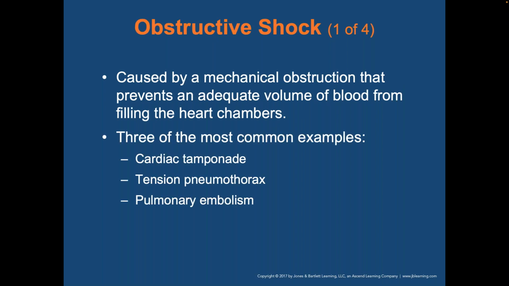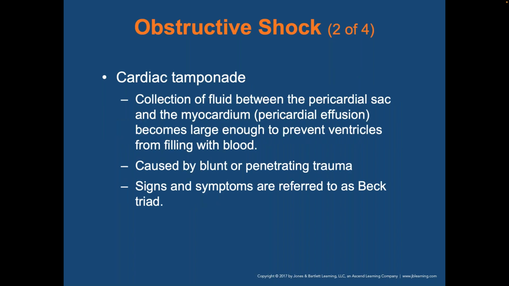Obstructive shock is caused by a mechanical obstruction that prevents adequate volume of blood from filling the heart's chambers. Three of the most common examples are cardiac tamponade, tension pneumothorax, and pulmonary embolus. So let's talk about cardiac tamponade.